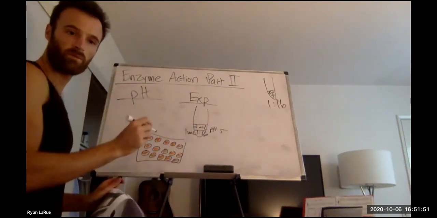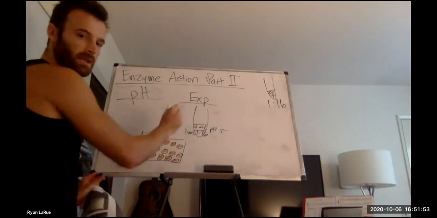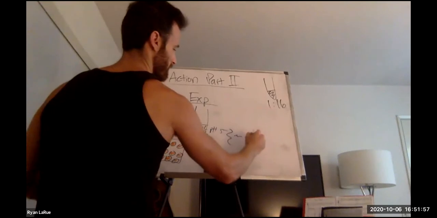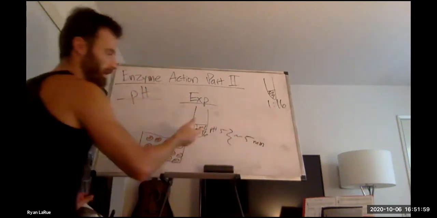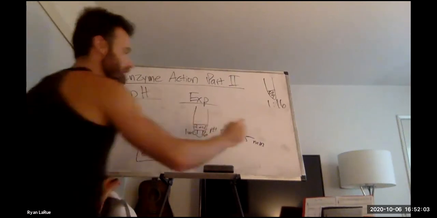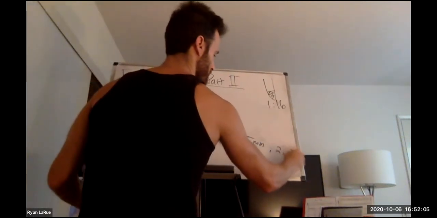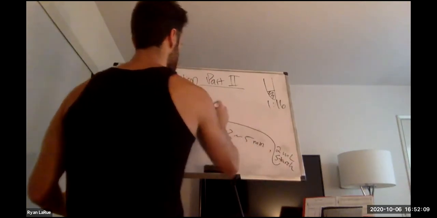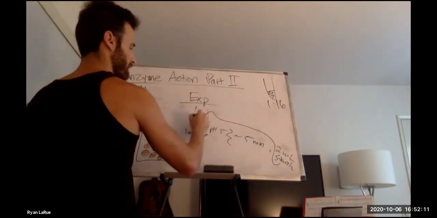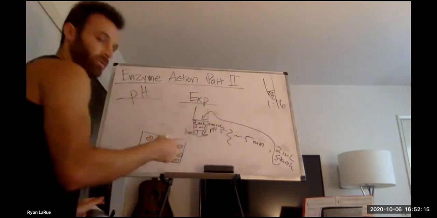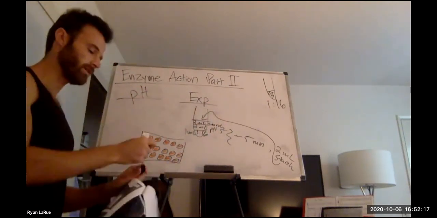And then same sort of deal, letting it incubate about 5 minutes for this one. Let the enzyme be exposed to that pH. And then the 2 mils of starch, you would add. And the reaction would occur immediately. You would wait the 30 seconds and then pipette into the row.